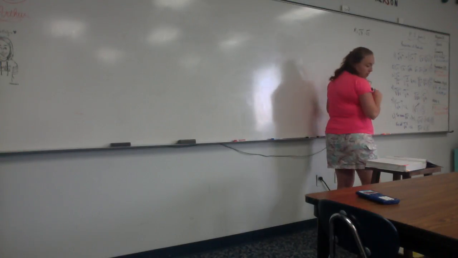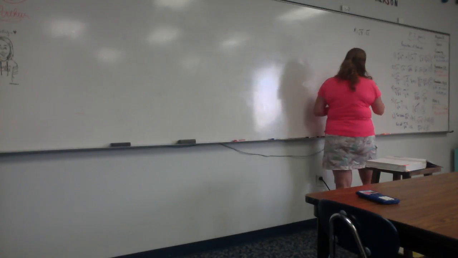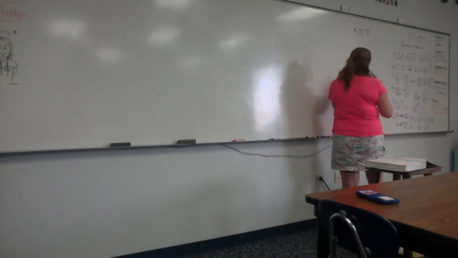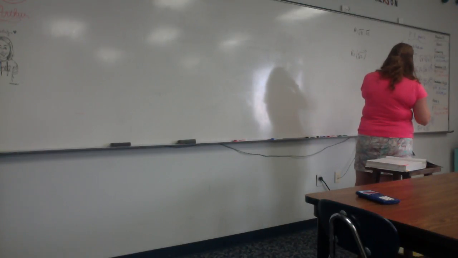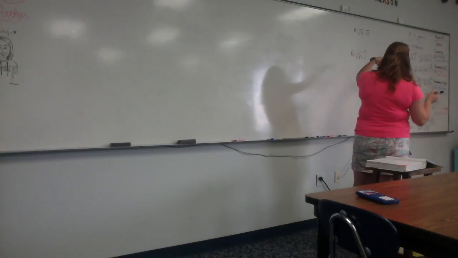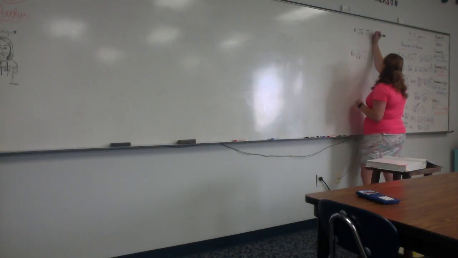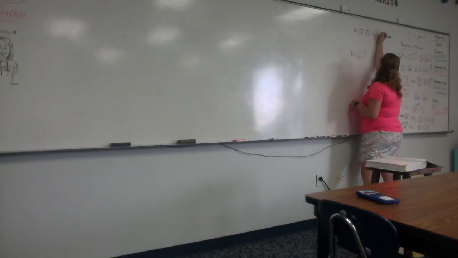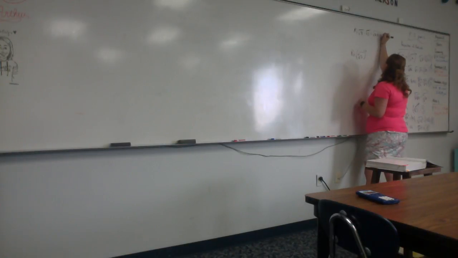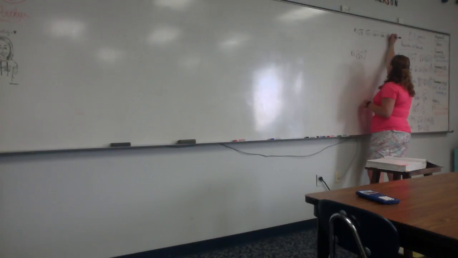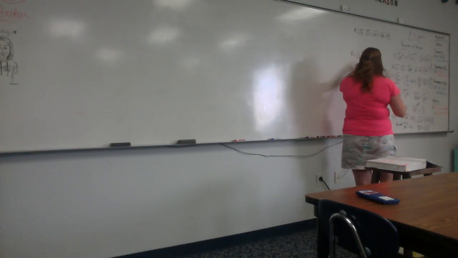What rule do I use and how do I solve that? You say I'm going to use number 2? Yeah, because they're both the square root of something. So let's go ahead and multiply them together first. I'm taking the square root of 8 times 2, which is the square root of 16, which is 4. Good.